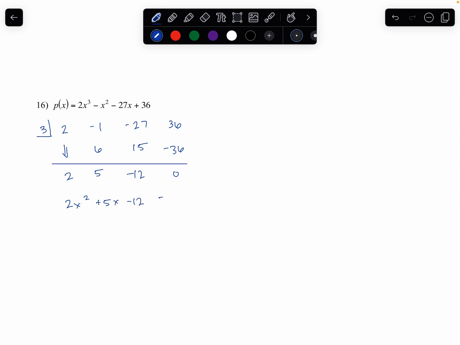Okay, that's okay. And then can I factor this? If I can, the leading terms of my binomials will be 2x and x because those multiply to be 2x squared. These have to multiply to be negative 12, but add to be 5. Oh, right, not add to be 5.